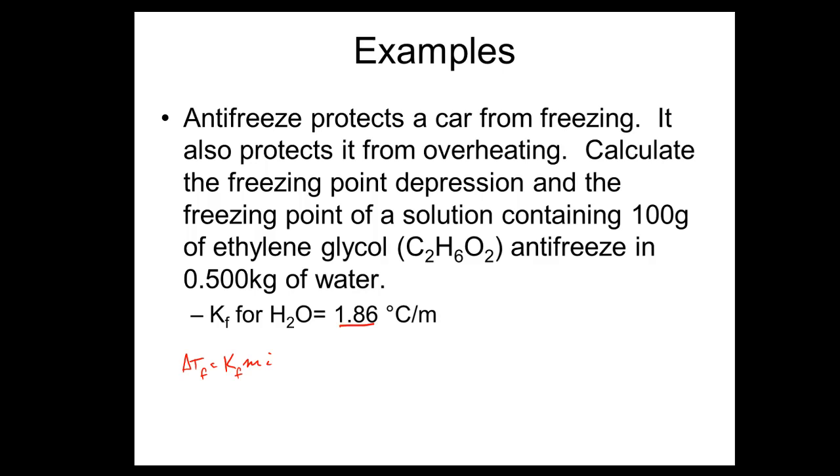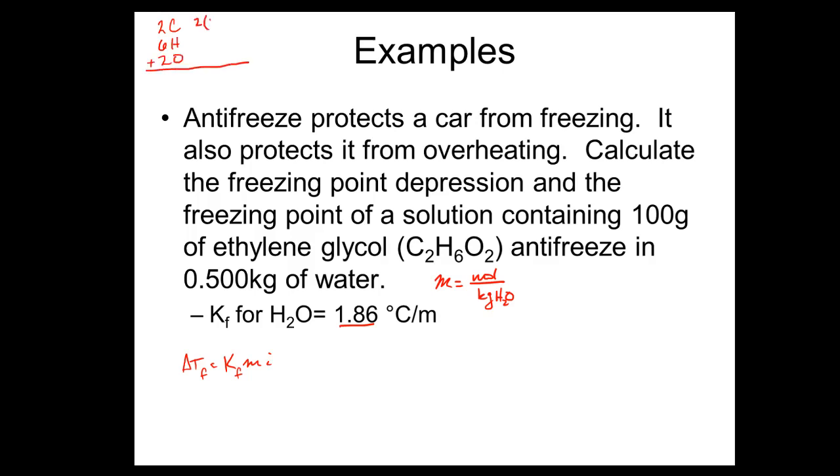All right, so molality is equal to the moles over kilograms of water. All right, well, so we've got 100 grams. So we have to convert our ethylene glycol into moles. All right, so ethylene glycol is 2 carbons, 6 hydrogens, and 2 oxygens. All right, we're going to add those guys up.